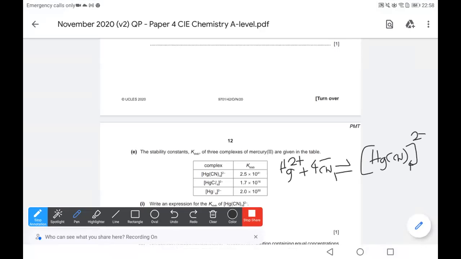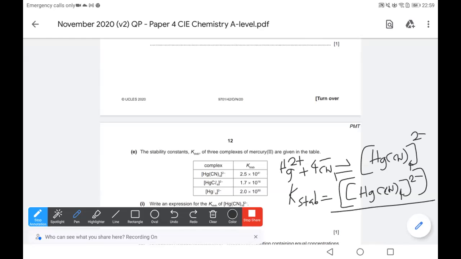It's like writing Kc. K stability equals the concentration of [Hg(CN)4]2- divided by the concentration of Hg2+ (aq) times the concentration of cyanide to the power 4. That's K stability, totally like writing Kc.